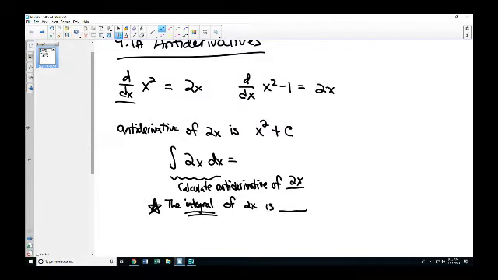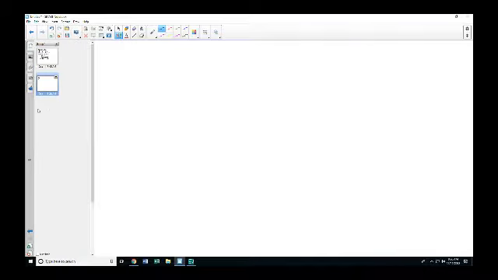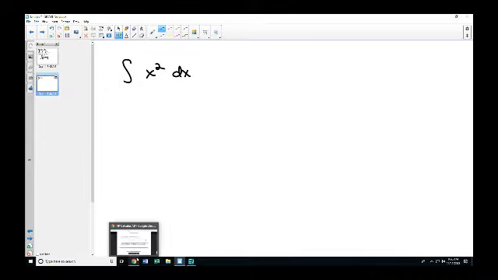Yep. All right. Let's formalize the integral, the power rule. What is the antiderivative of x squared? 2x plus c?